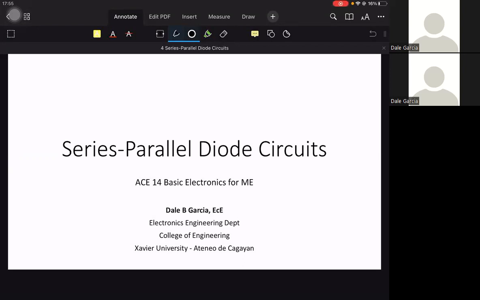Pero, for me, mas dali ta maka-assume na forward bias ang isa ka diode. Okay ra og i-assume na to initially kung forward bias siya or ang diode, no?